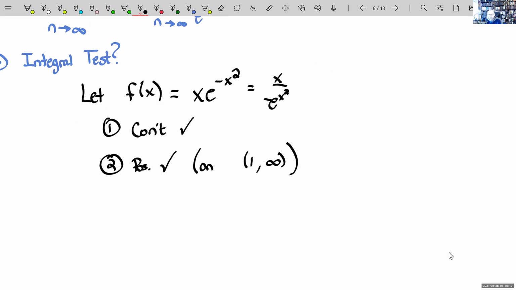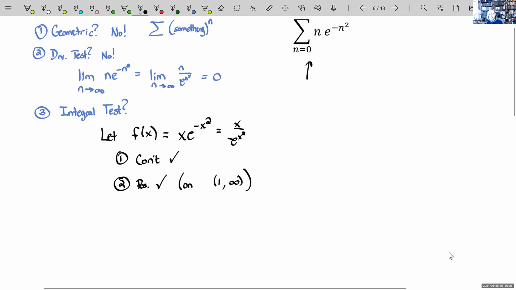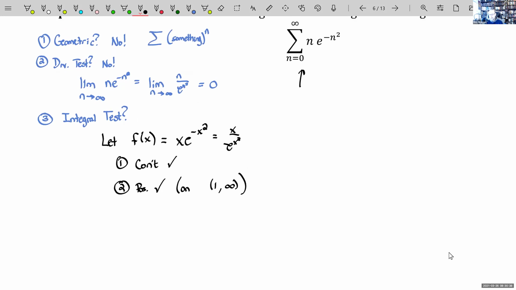Fine. Remember what I had said earlier about when you're using these tests: I don't need it to always be positive. I need it to eventually always be positive. And this function is eventually always positive. Initially at time 0, no, it's 0, but eventually it's always positive. I hope that makes sense to you.